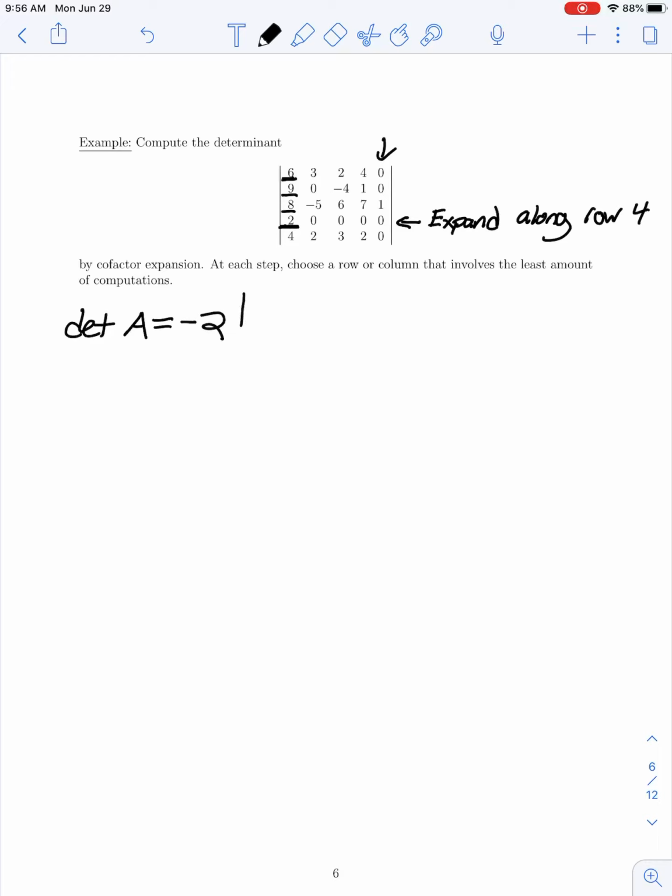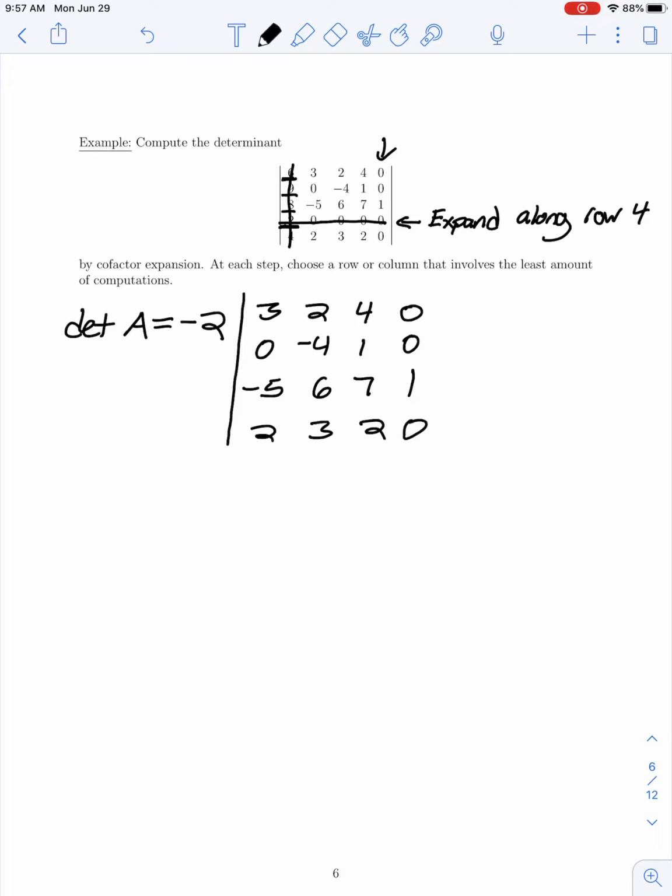-2 times the determinant of the 4x4 submatrix we get by deleting the row and the column that 2 lied in. So we're left with the determinant of 3, 2, 4, 0, 0, -4, 1, 0, -5, 6, 7, 1, and 2, 3, 2, 0.